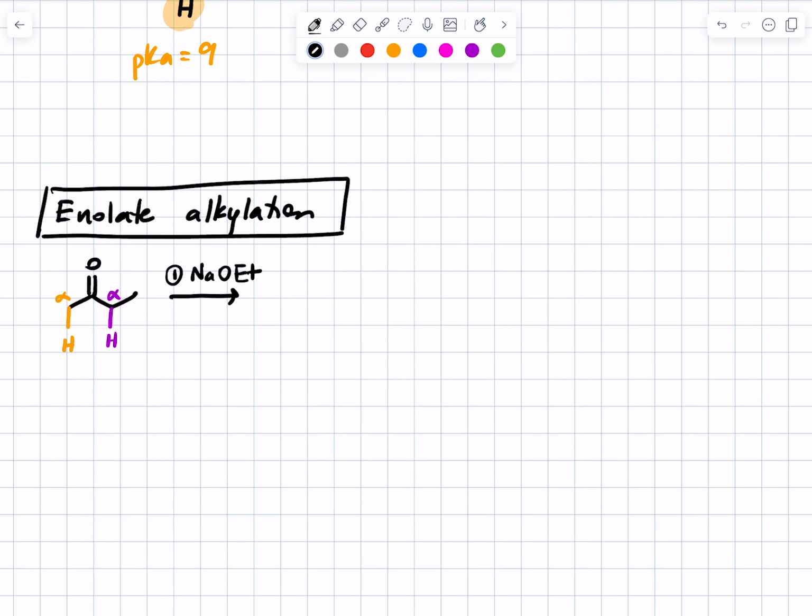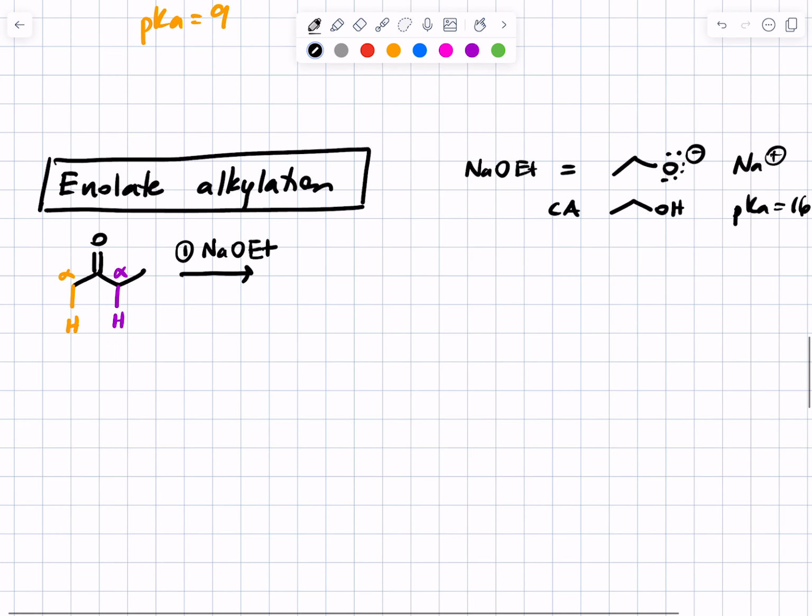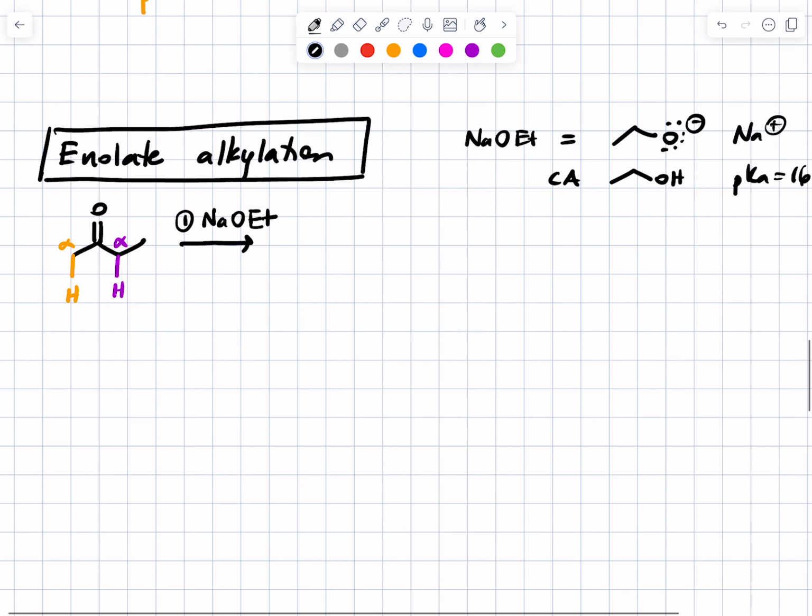For those of you playing along at home, NaOEt equals the ethoxide anion and then sodium as a cation. And again, the conjugate acid of that is an alcohol with pKa 16. So we expect using sodium ethoxide to be reversible enolate formation.